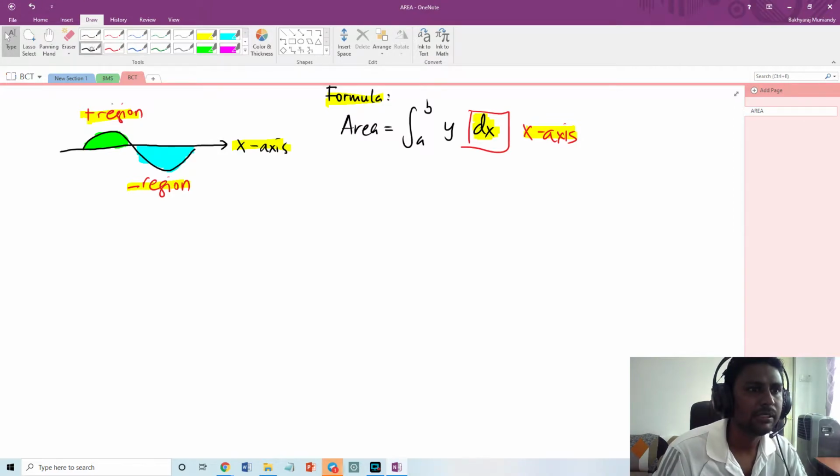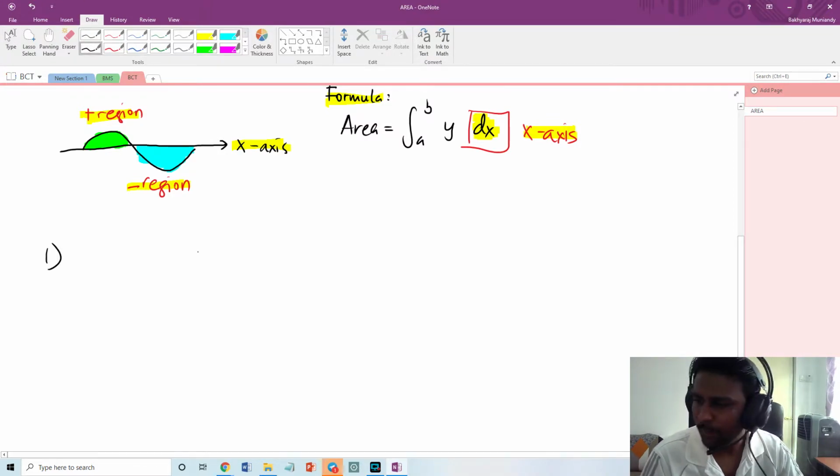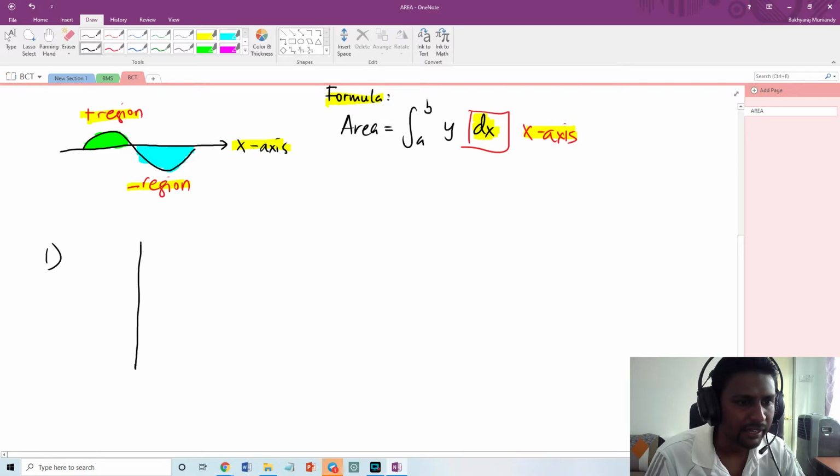Question 1: I want to find the area of this diagram.